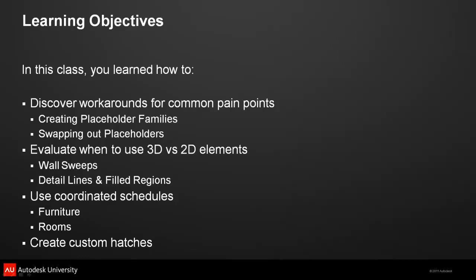You learned how to evaluate when to use 3D versus 2D elements. We practiced with wall sweeps and also learned how to use detail lines and filled regions appropriately. You learned how to use coordinated schedules by creating furniture schedules in which you could get counts and totals, and also room finish schedules. Finally, you learned how to create custom hatches using Revit Architecture.